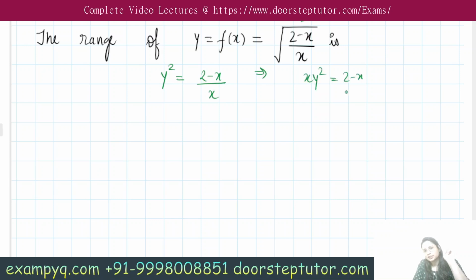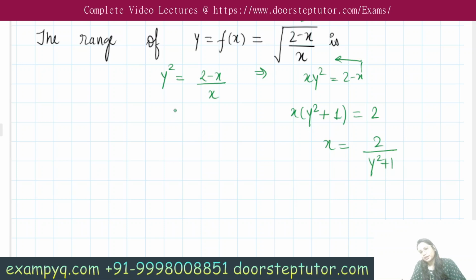Because I want to write x equal to everything, let's take this x on this side. It will become y square plus x, so x times (y square plus 1) equals 2, and x we got as 2 by (y square plus 1). What you have found is nothing but your g of y that we were looking for. So we have done the first step, that we have found x equal to g of y.